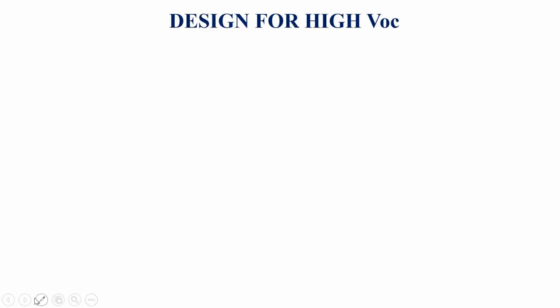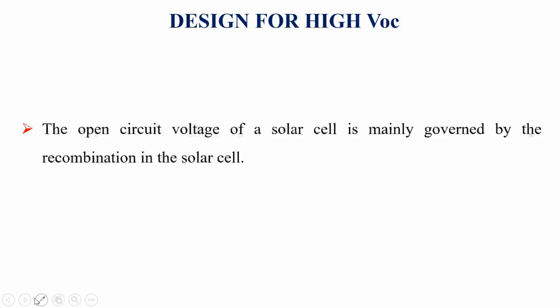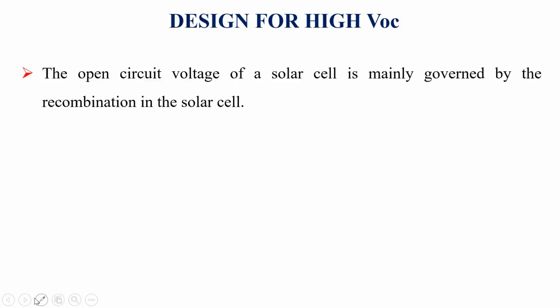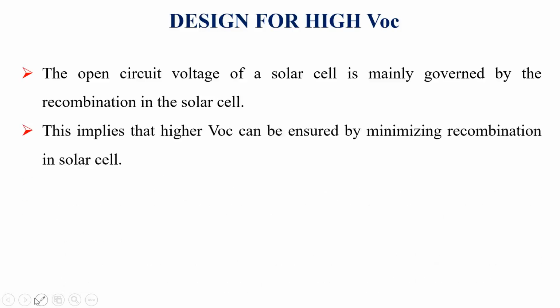Now we discuss the second most important parameter of solar cell design, which is the design for high VOC. The open circuit voltage of a solar cell is mainly governed by the recombination in the solar cell. This implies that a higher VOC can be ensured by minimizing recombination in the solar cell.